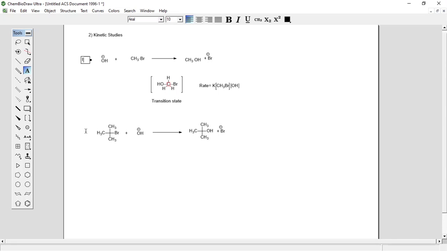In the first reaction, the rate depends only on the concentration of alkyl halide.